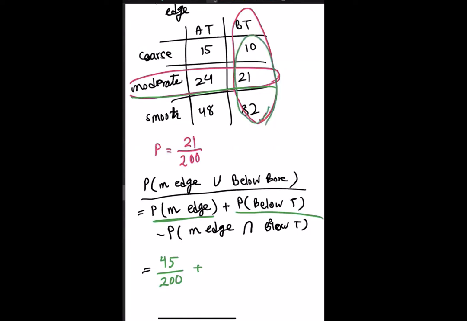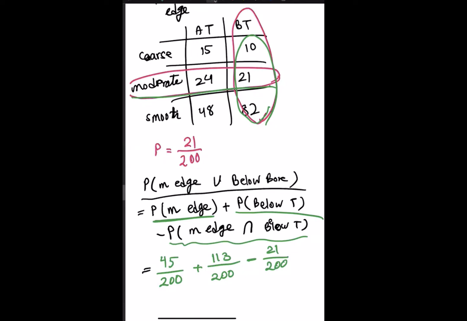The column, so it's 82 plus 21 plus 10, which is 113 over 200. Minus the probability that the part has moderate age and below target bore? We just got that, right? 21 over 200. Perfect. Okay. So that's Part C.